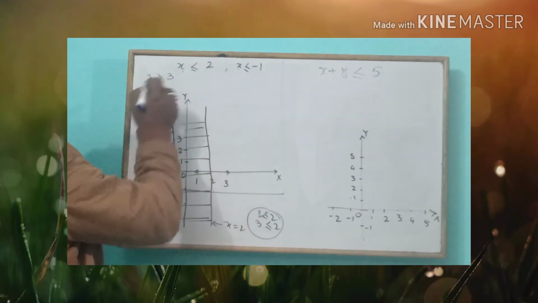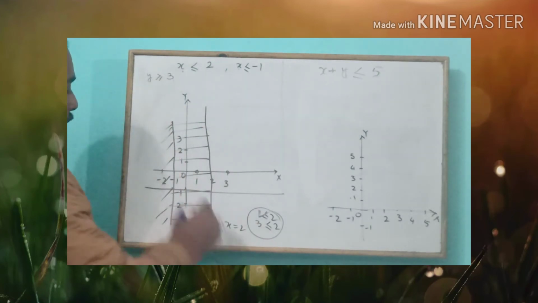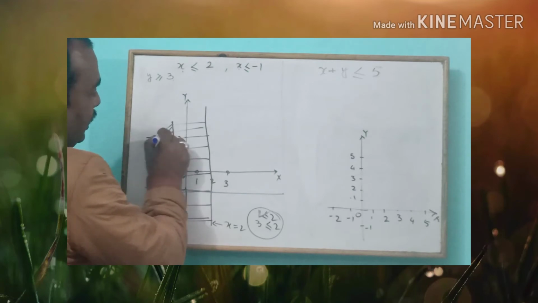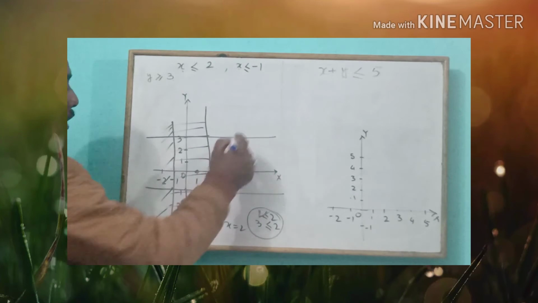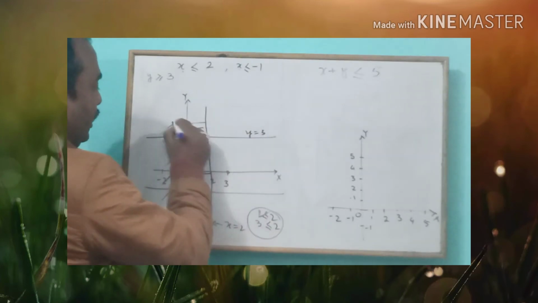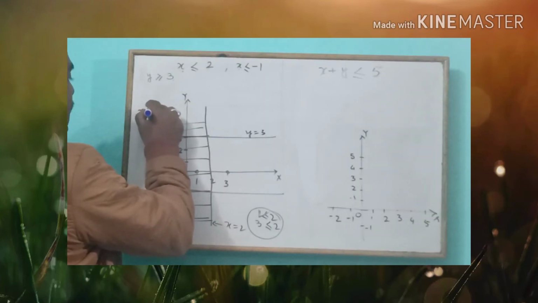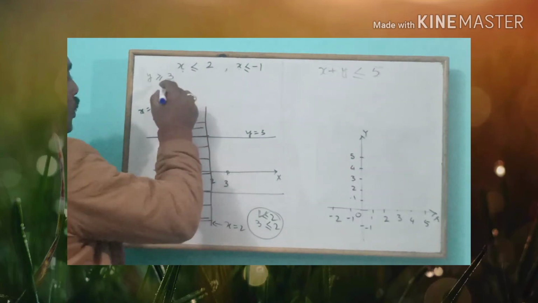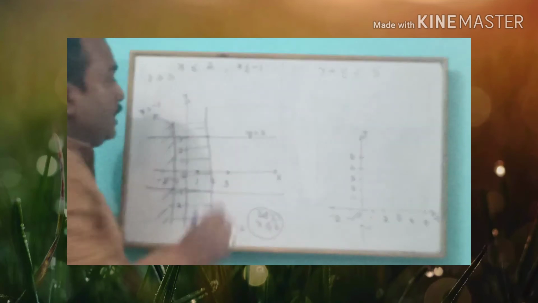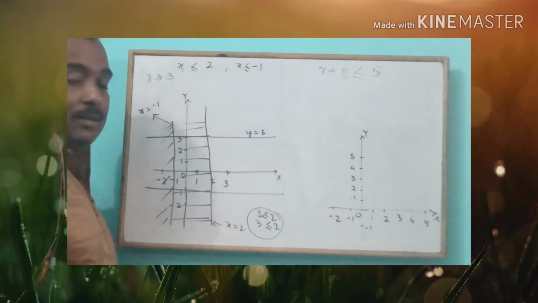Let us take y greater than or equal to 3. That means y is equal to 3 is a line parallel to x-axis. This is y equal to 3 and this was x is equal to minus 1. Now if I put 0, 0 is greater than or equal to 3. Is it true or false?